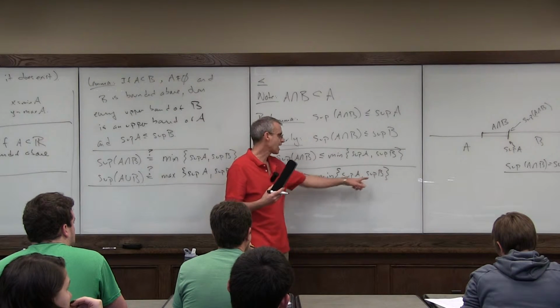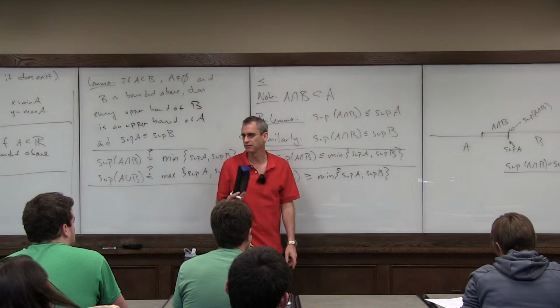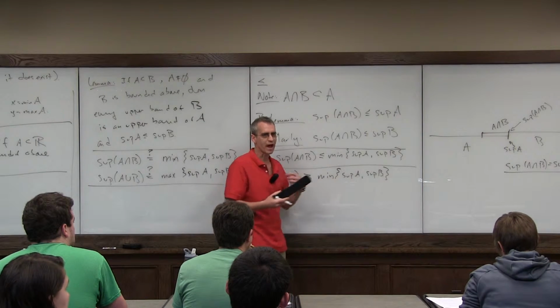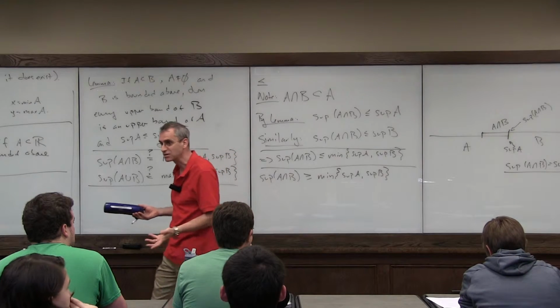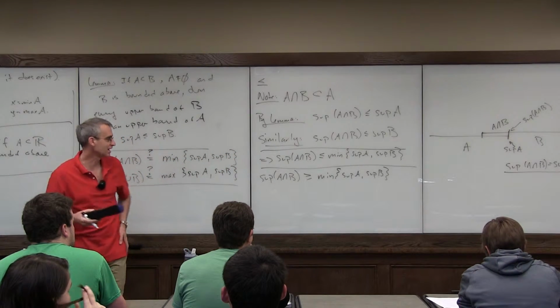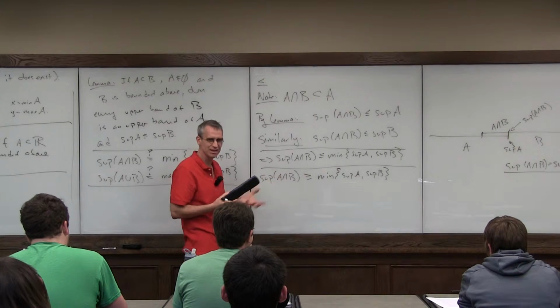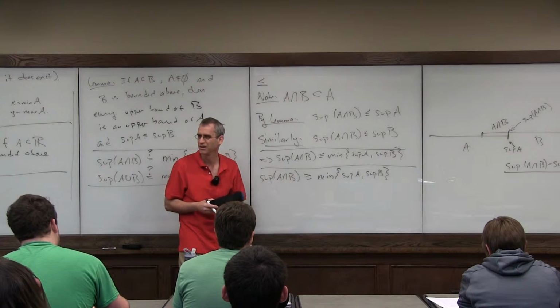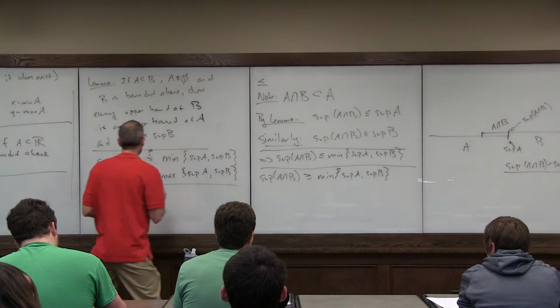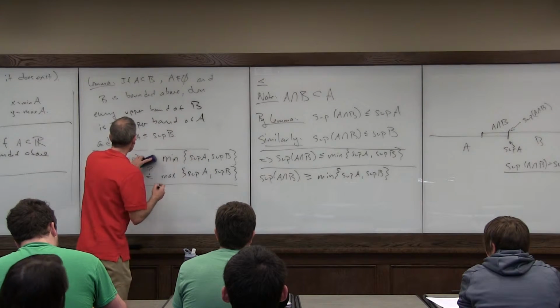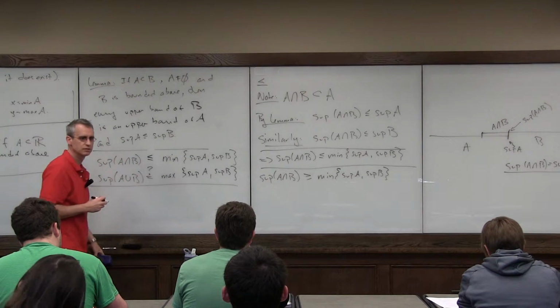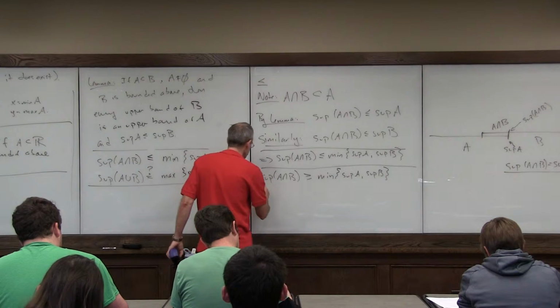No. If they were in A and B, what would we call them? Max. So you might think, okay, I could do something if this were just a max. Maybe, because then at least you'd have them in sets. But then it still has to be in the intersection, and well, maybe not. In fact, this is not true. The only thing we can get out of this is this direction. So this is false.